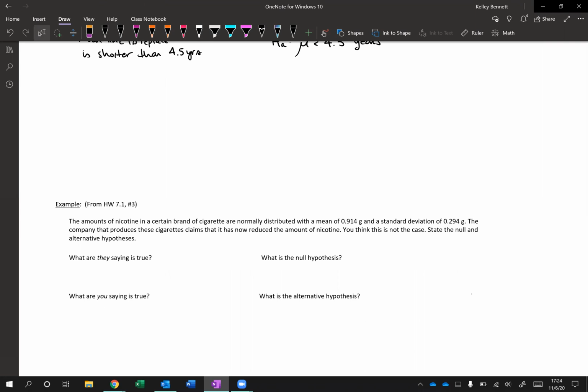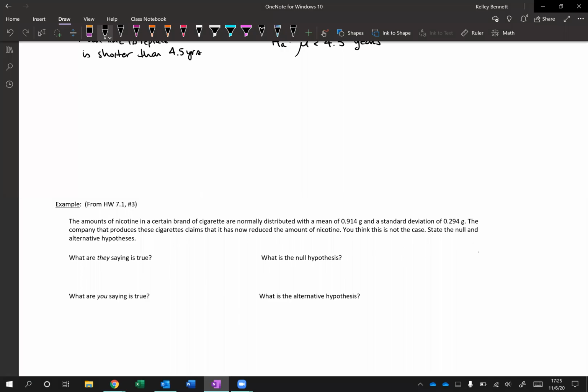And you think that this is not the case. So this is a little bit of a red herring because the company is claiming that it's reduced the amount of nicotine, but without the cigarette company saying what the reduced amount is, we can't, in our current skill set, really say what the null and the alternative is.